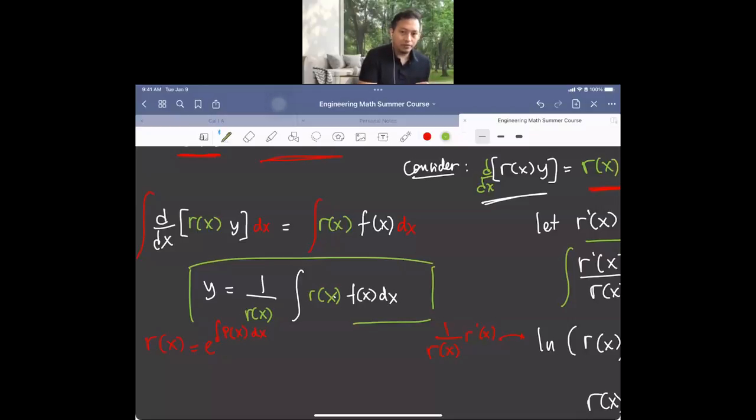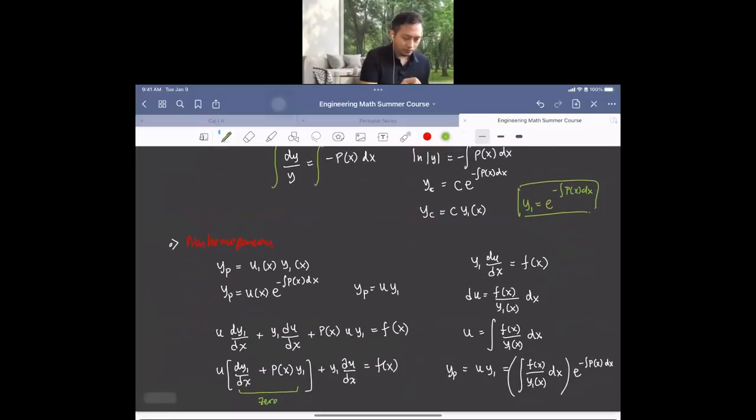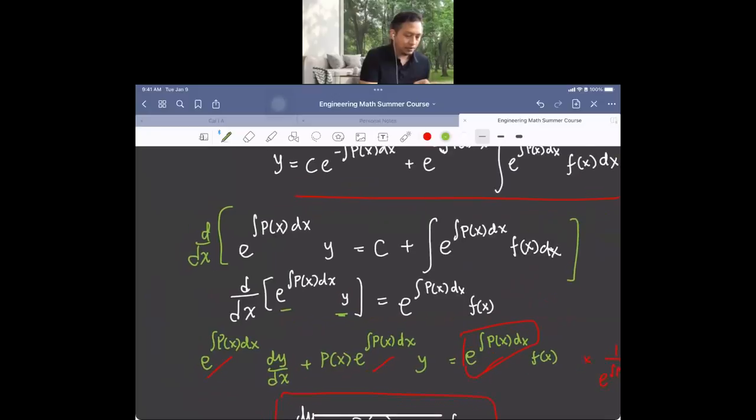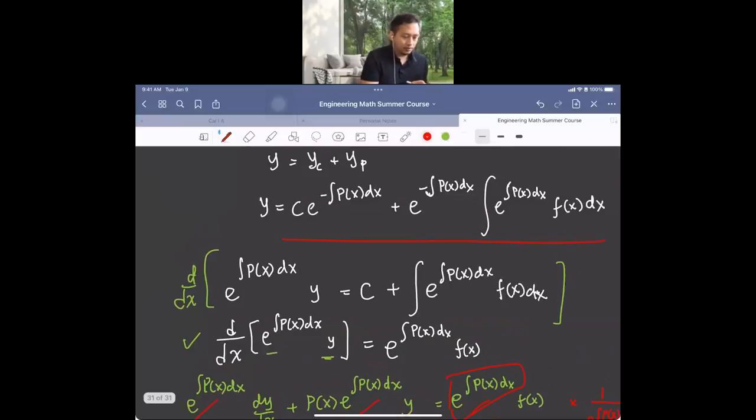This is actually a similar form to what we have in this part. Wait, where is that part? Oh, here. It's actually similar with this one. Okay, we try to make out the form, and then we integrate and make it into this one. It's y equals something here, right?